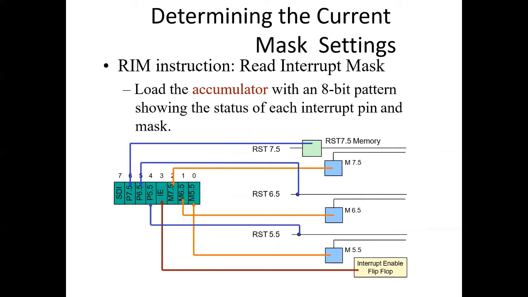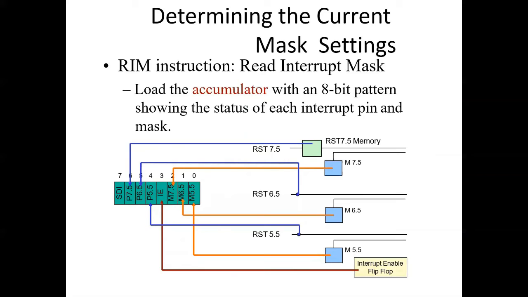It is used for the following things: to check whether RST 7.5, RST 6.5 and RST 5.5 are masked or not, to check whether interrupts are enabled or not, to check whether RST 7.5, RST 6.5 or RST 5.5 interrupts are pending or not, and to perform serial input of data.